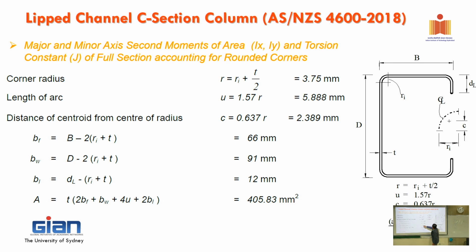Then you can calculate BW, the flat portion of the web. You get B minus 2 corners, okay? It's simple. And for BL, you calculate this one minus the corner. At the end you calculate the full area, the area of the cross section. All right, very simple geometry calculation.